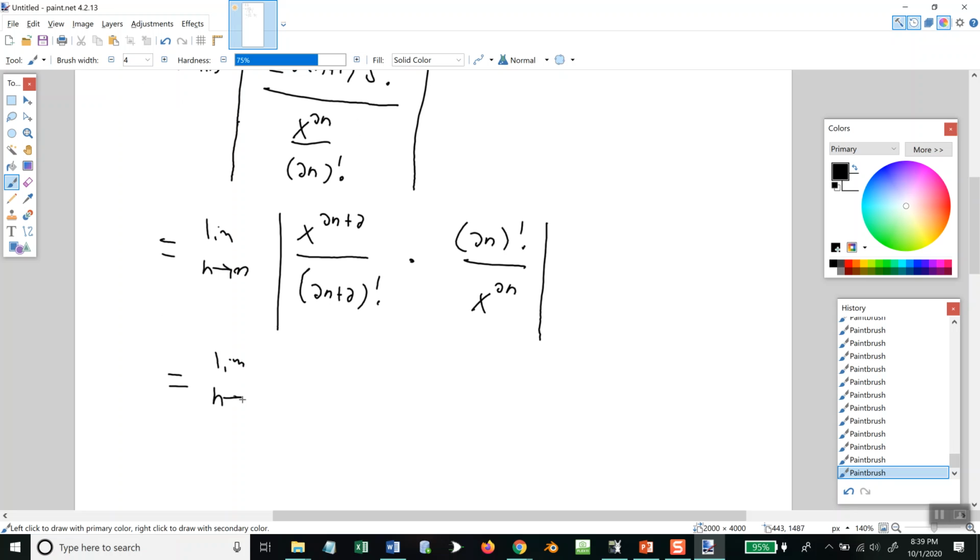So my limit as n goes to infinity, this breaks down as x to the 2n times x squared. And this is 1 times 2 all the way up to 2n, and then 2n plus 1, and then 2n plus 2, because that's what 2n plus 2 factorial represents.